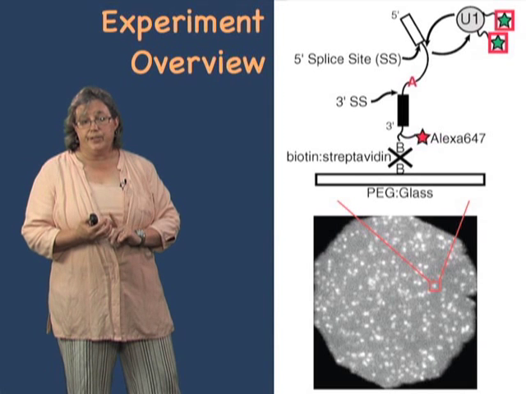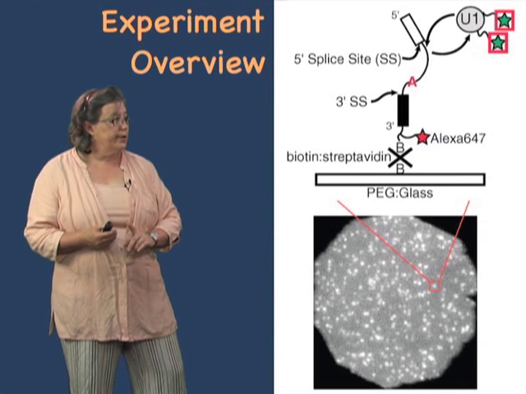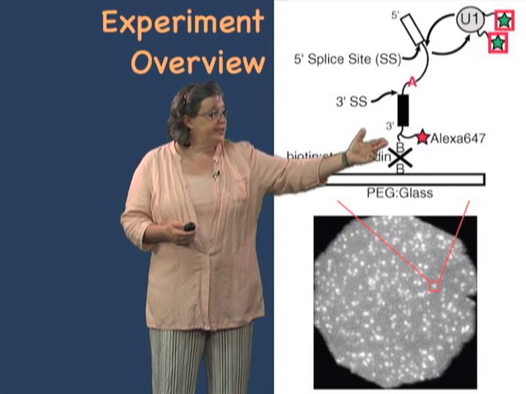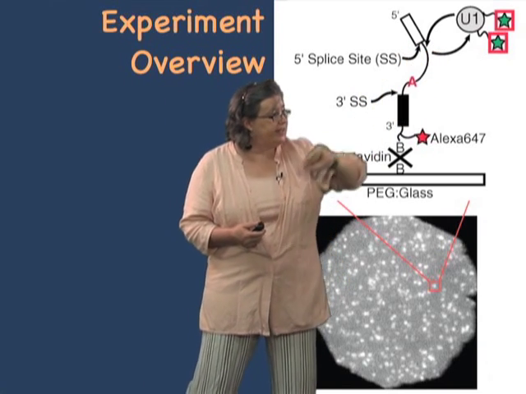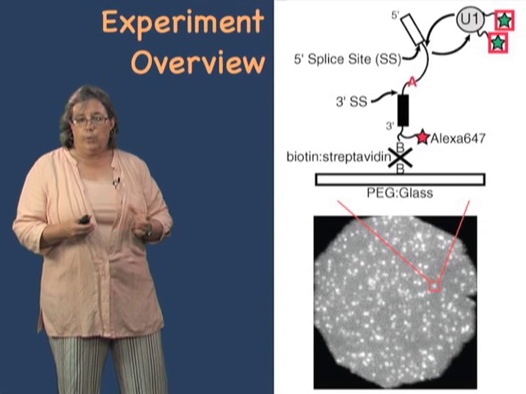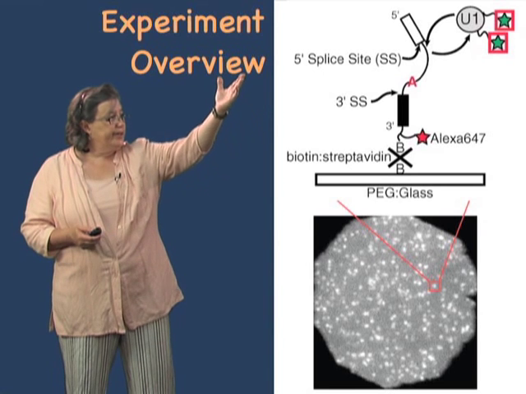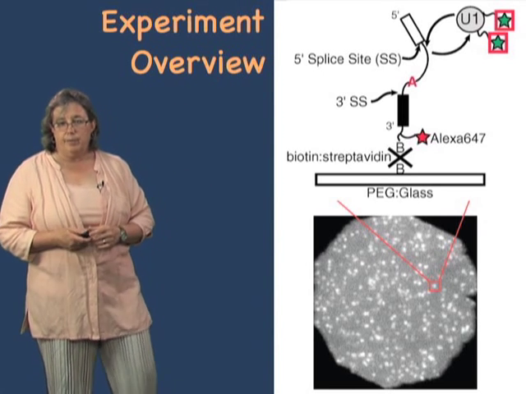So the first thing I'm going to show you is a movie where we're doing some controls where either we have left off the fluorescent RNA, or we don't have the tags on U1 SNRP, and so we wouldn't expect signal. Or we have the complete reaction where we have the fluorescently tagged RNA and the fluorescently tagged SNRP. So let's watch that movie.